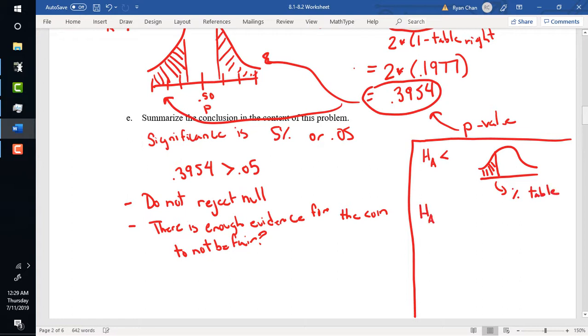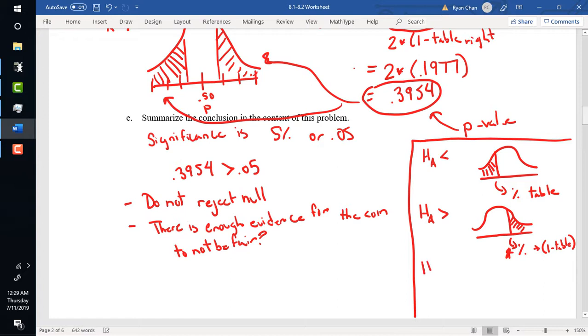If your alternate is greater than, that means it's going to the right. Based on central limit theorem and chapter 6, my percentage is going to be 1 minus the table.